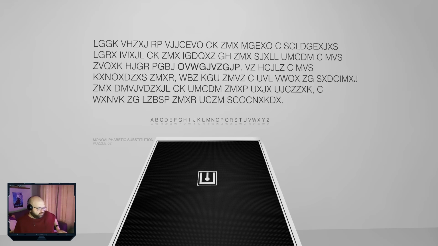Okay, so our word, again, it's highlighted. OVWG, JVZ, GJP. Now my question is, this crypt sheet at the bottom, the alphabet, and then the numbers underneath it.